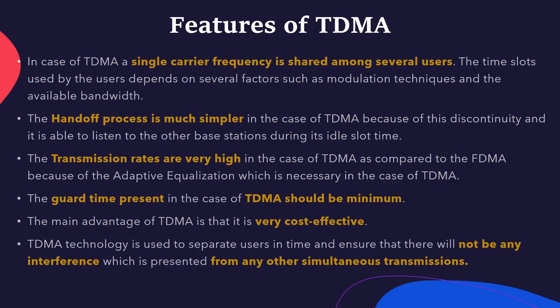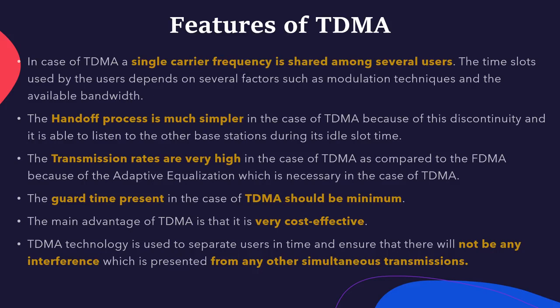The main advantage of TDMA is that it is very cost effective, because it eliminates the requirement of duplexers in the system. That is cost effective compared to the FDMA system.